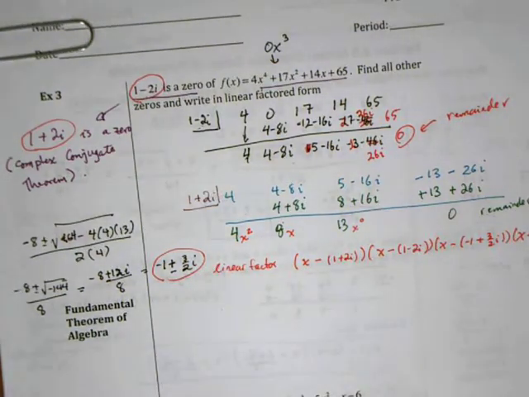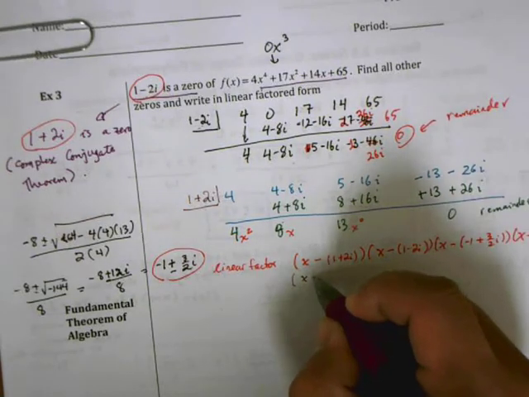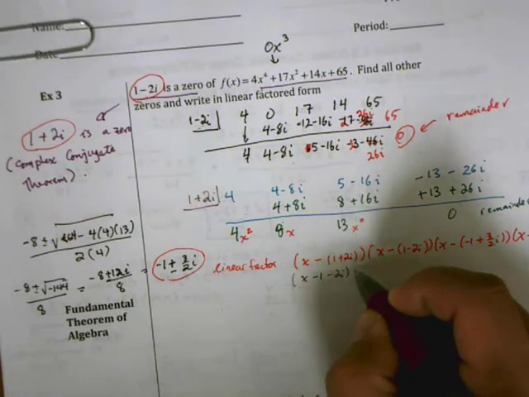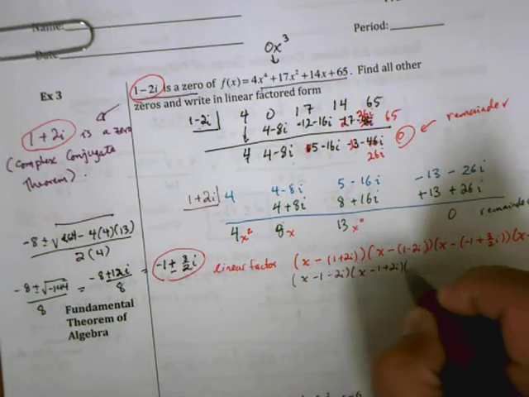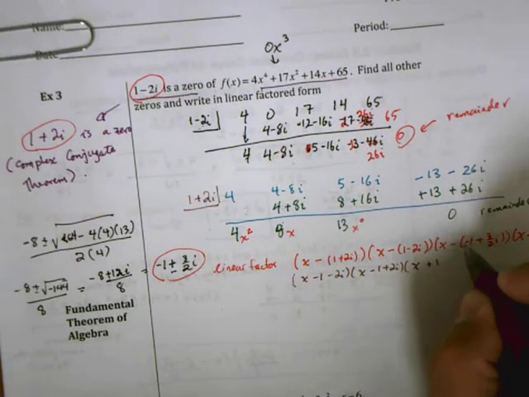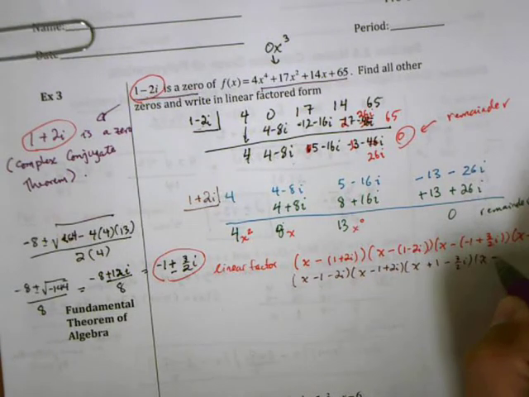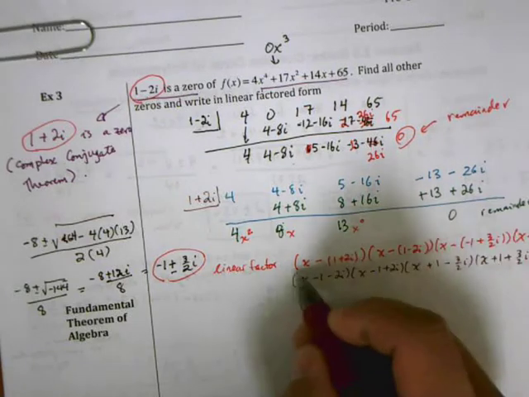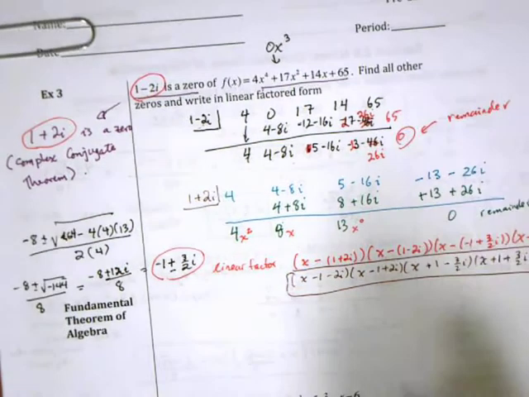And then we can distribute all of these little negative signs here. You get x minus 1 minus 2i, x minus 1 plus 2i, x plus 1, distributing this negative sign, minus 3/2 i, x plus 1 plus 3/2 i. And so this is the complete linear factored form.